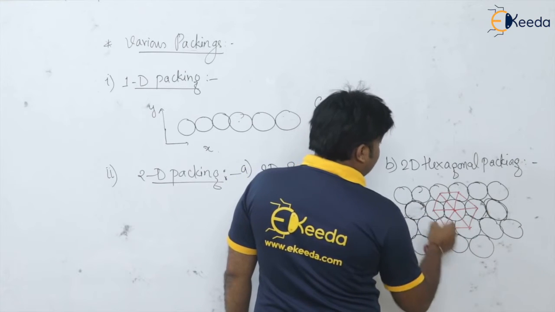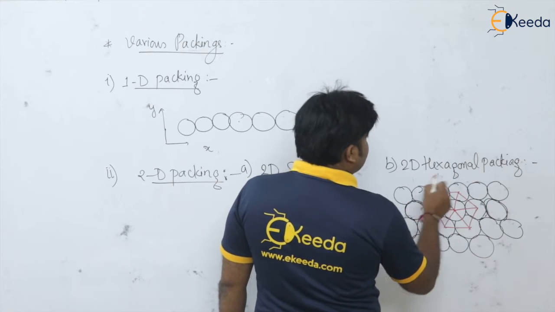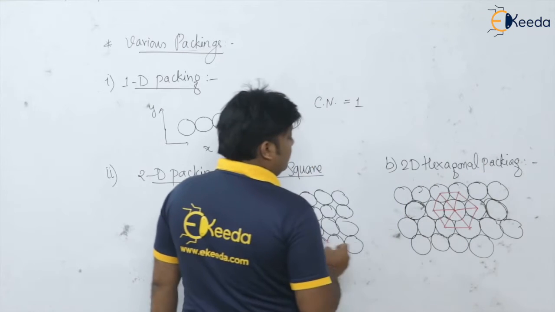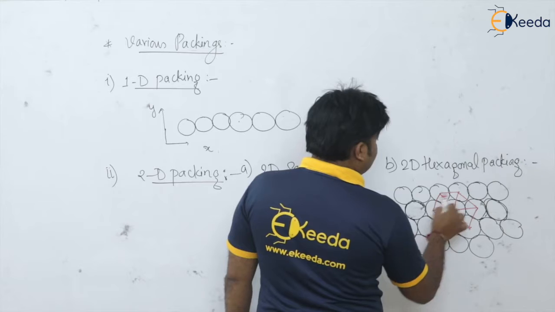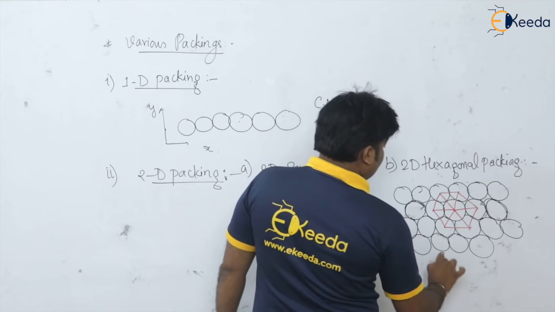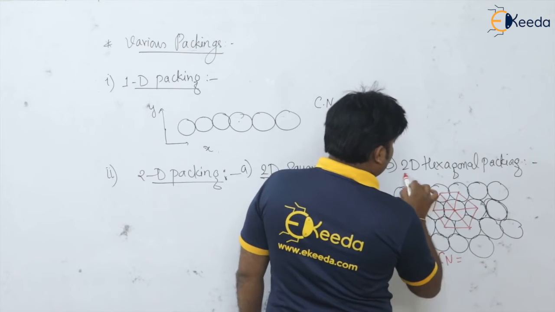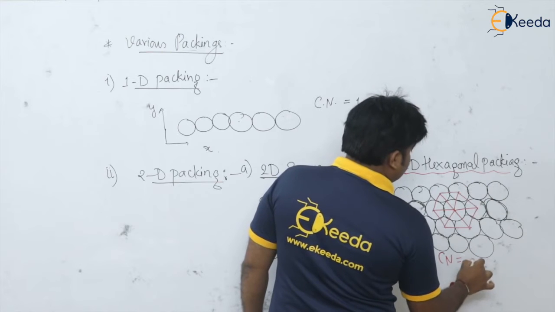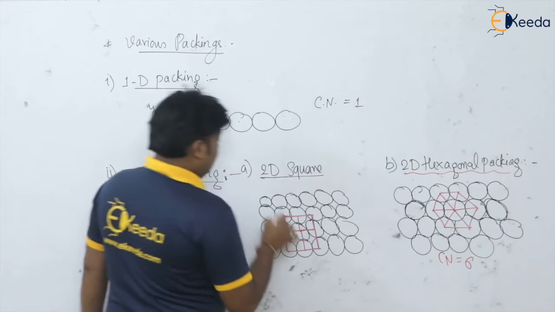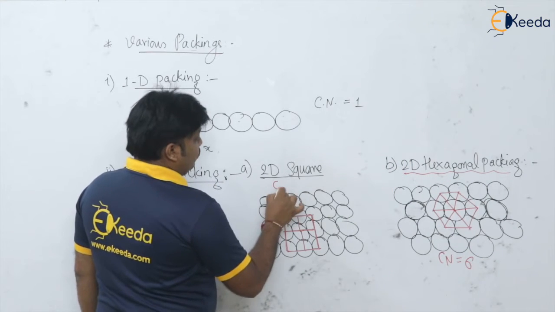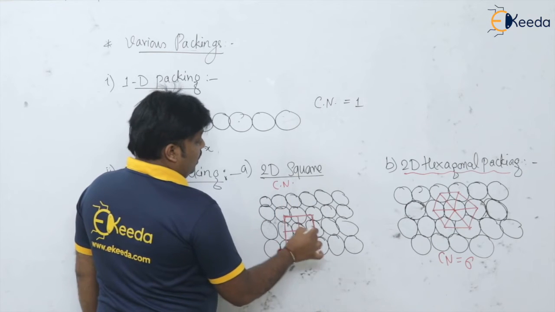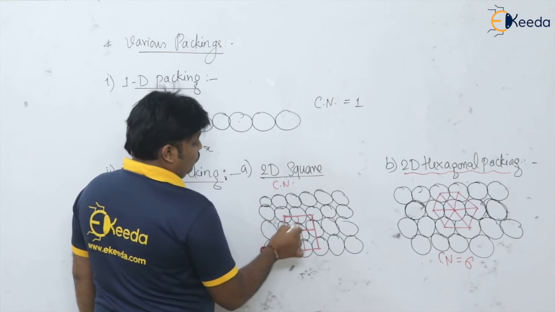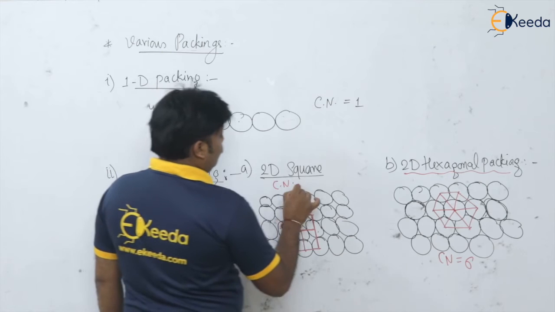So the coordination number for 2D hexagonal packing is 6, whereas for 2D square packing the coordination number is how much? 1, 2, 3 and 4.